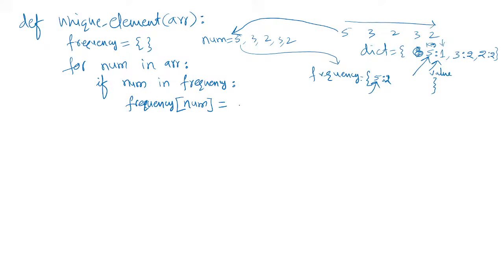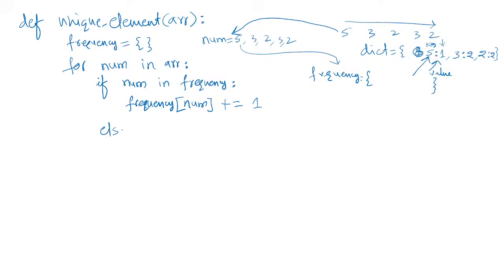I add an extra 1 here, so I'll say plus equals 1. In this case we will see what happens, then you can understand the code. In our case, is this 5 in the frequency dictionary? No. So it comes to the else part here.